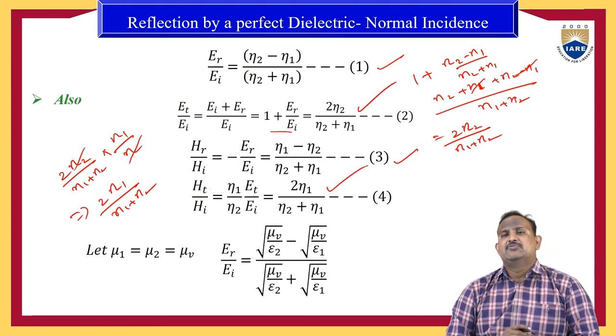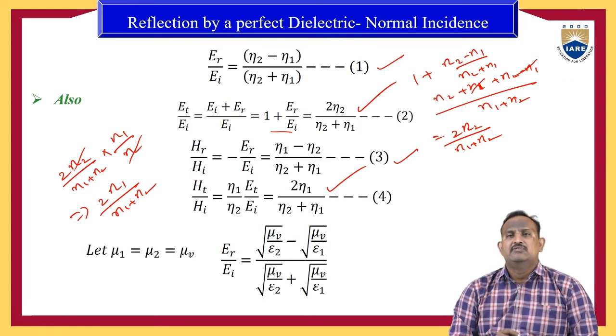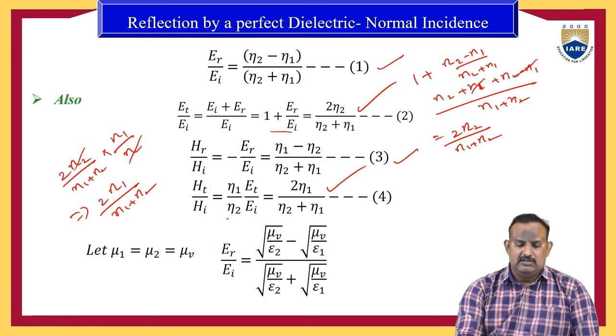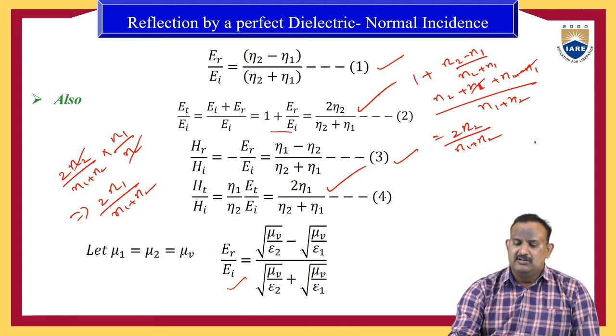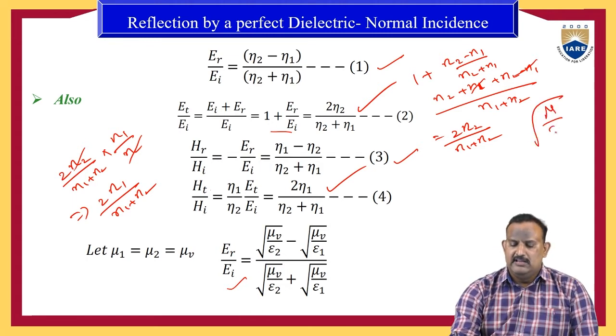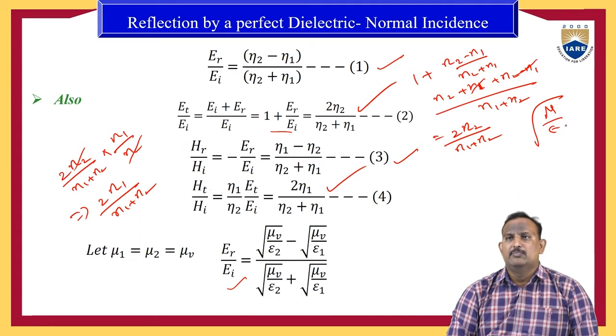Here I am assuming mu 1 is equal to mu 2, which is equal to mu v. Therefore, in the expression ER by EI, you can substitute for eta. Eta is equal to root of mu by epsilon.